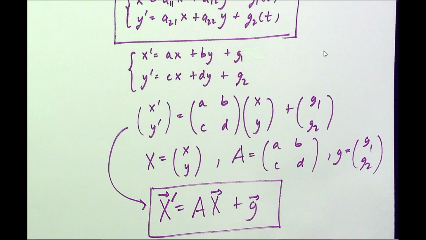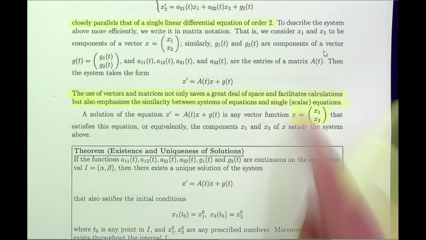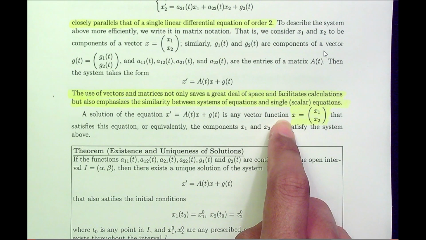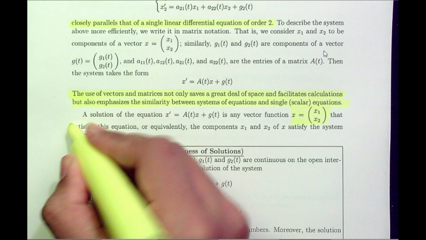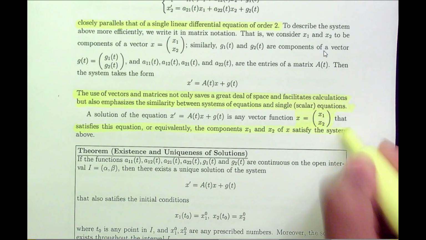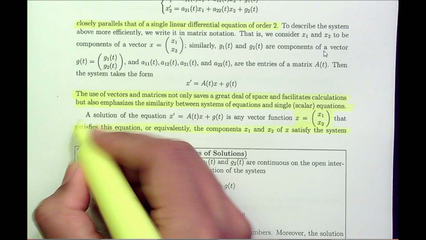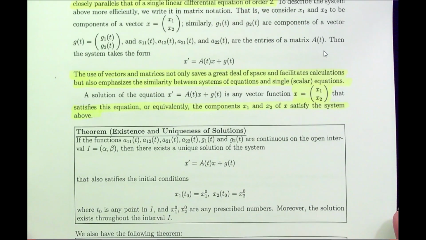Okay, so you'll be finding the two functions that satisfy the system. So well, we can just say we're looking for the vector function because that will find both at the same time. So we're looking for the vector function that satisfies this equation. And of course, the components, as I said, x1 and x2, satisfy the equations of the system. So that would be the actual solution.